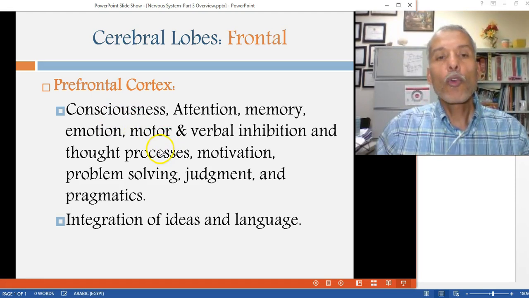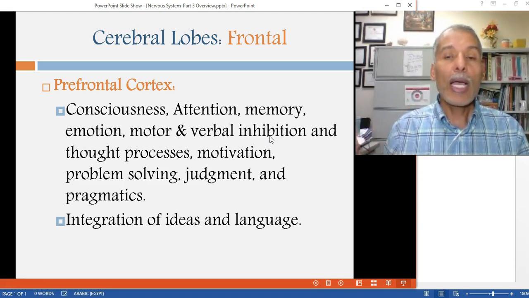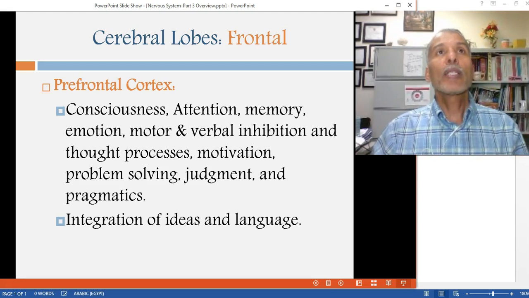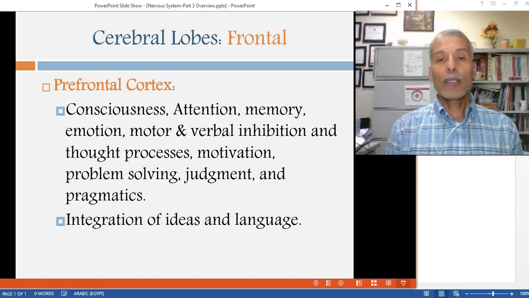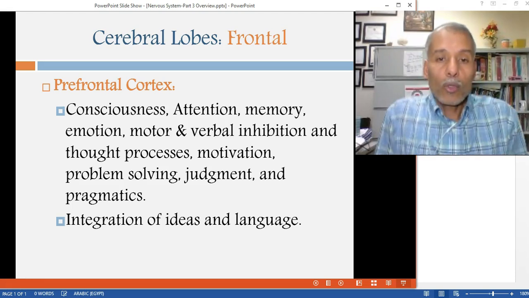That's the difference. So it is important for motor and verbal inhibition. It makes you determine, when is it appropriate to do this? Should I wait? Should I do it now? And it makes you inhibit, avoid saying things that are not appropriate, or saying things at the wrong time, and so on, or doing so physically.